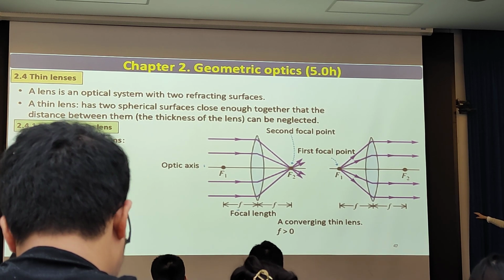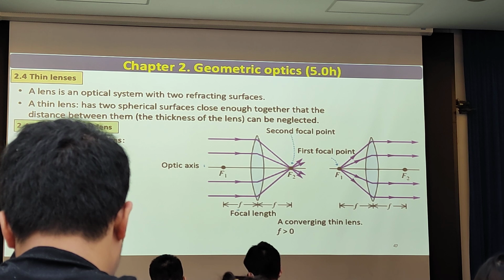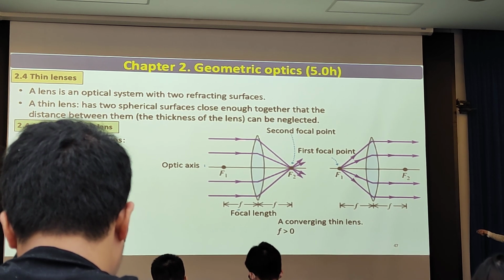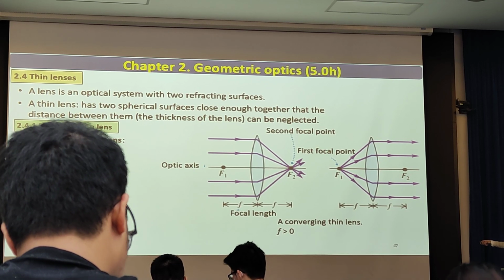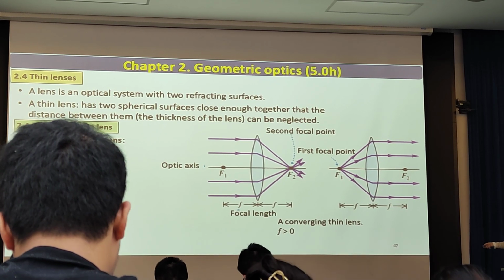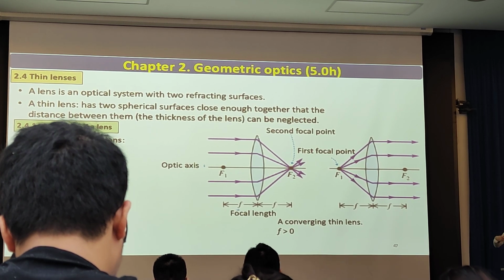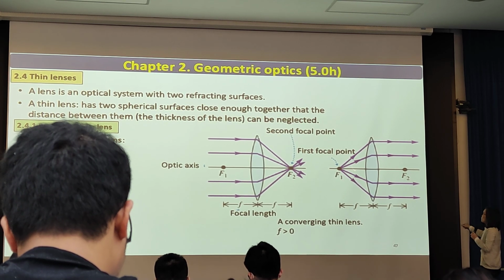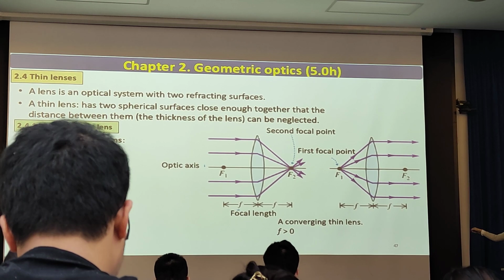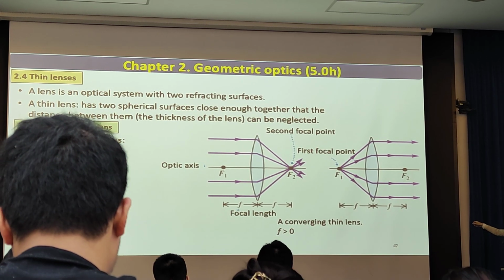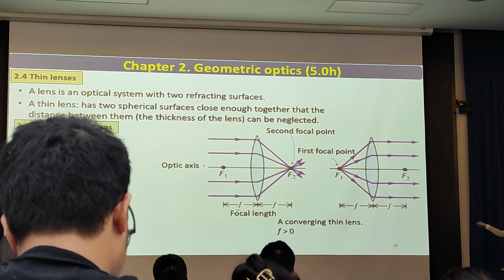So first is a converging lens. Why is it called a converging lens? Because if you send parallel rays to this thin lens, you see that the outgoing rays converge or gather at one point. So that is called a converging lens. Easy, right? Here we call F1 the first focal point and F2 the second focal point.